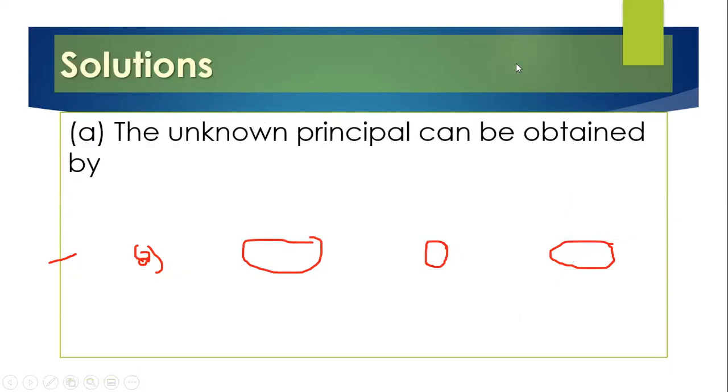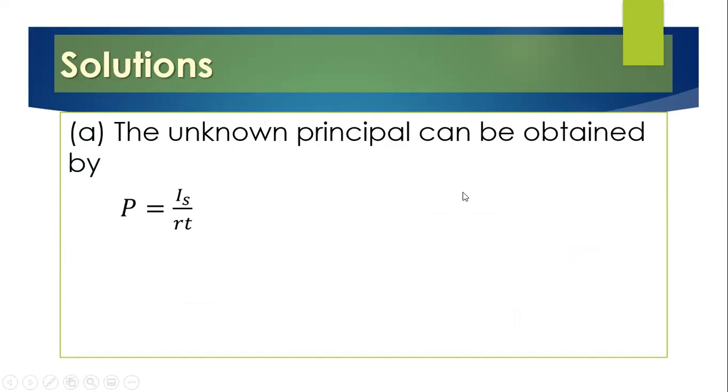So for letter A, the unknown principal can be obtained by P is equal to I sub S divided by RT. So, imamanipulate lang natin yung ating mga formula. So, we have I sub S, di ba? Which is equal to P RT. So, since ito yung nawawala, no? Yung P yung ihihiwalay natin. So, bababa tong RT sa kabilang side na equation.